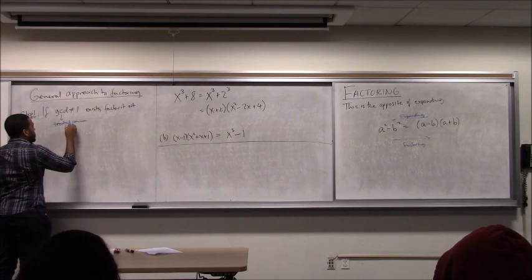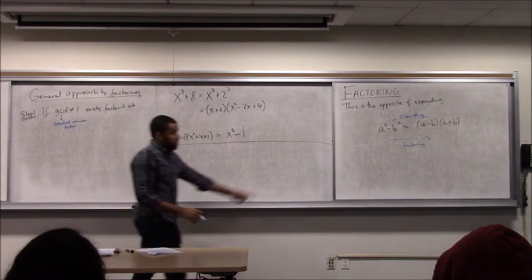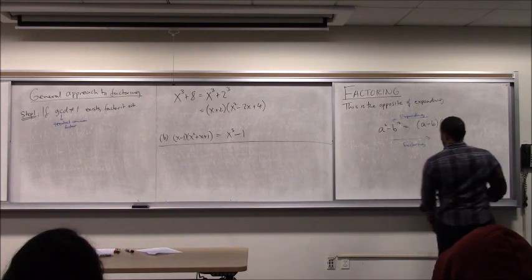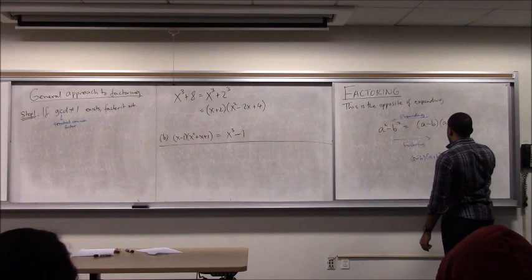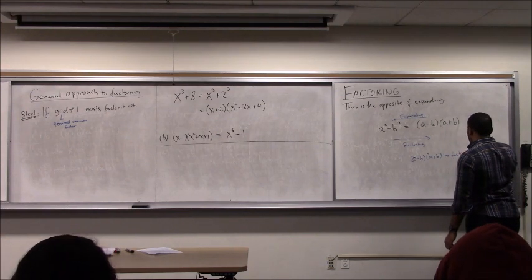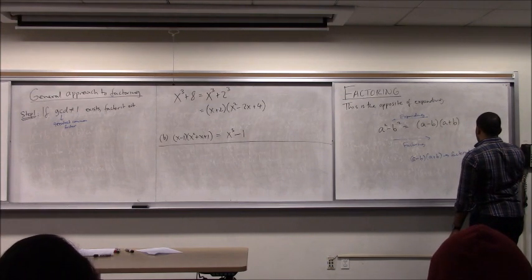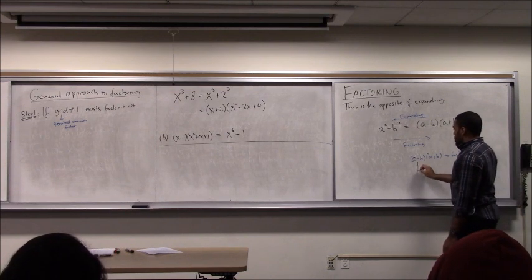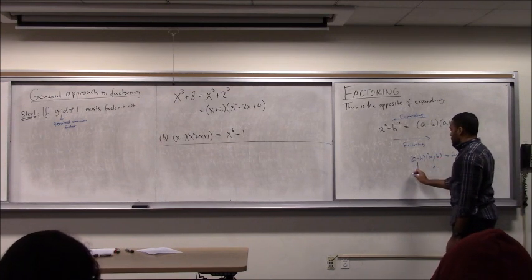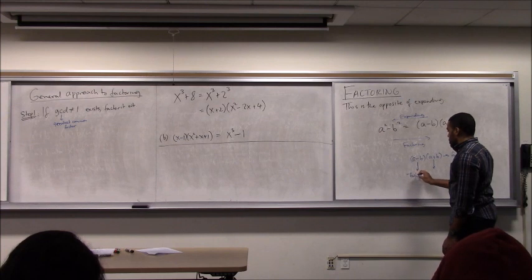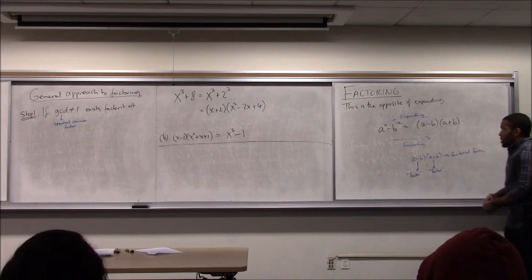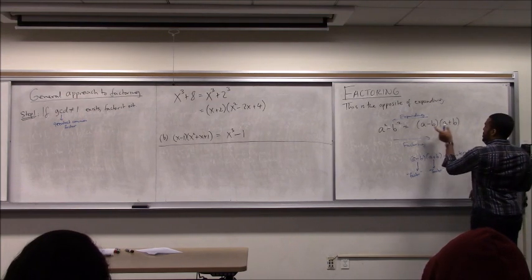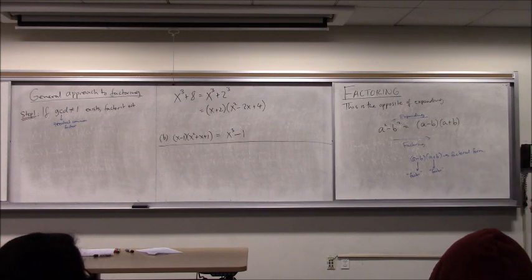By the way, when you have something in factored form, a minus b times a plus b, this is called the factored form. You might refer to each one of the things in parentheses as a factor in the expression. So in general, if you have a multiplication, each thing you can call a factor of that multiplication.